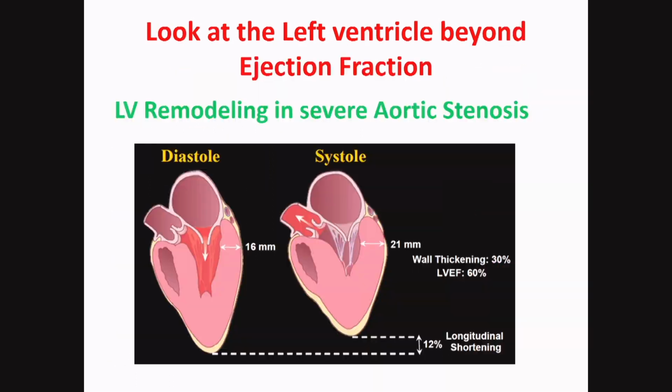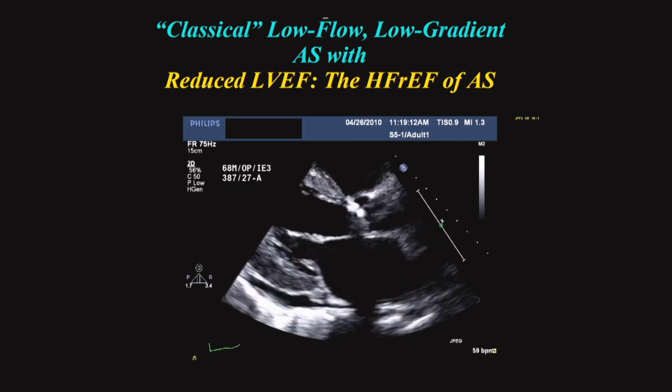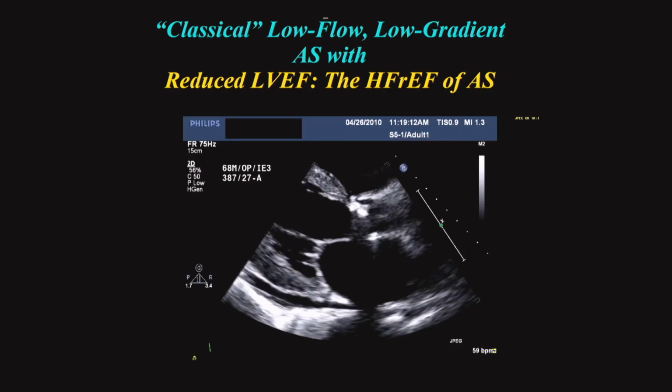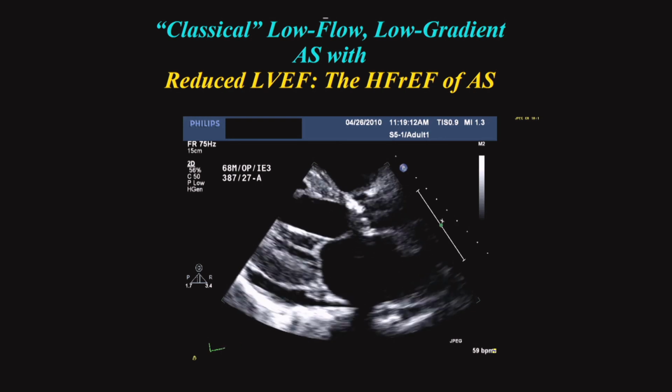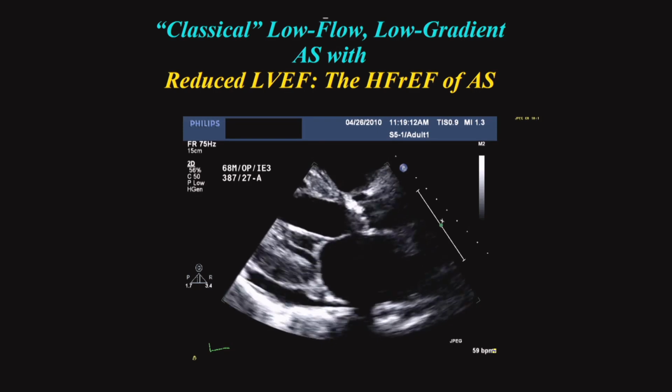Now, looking at the valve beyond the ejection fraction, we heard an elegant presentation from Dr. Ashraf this morning about the importance of strain. This is important before getting the patient into severe impairment of LV function.